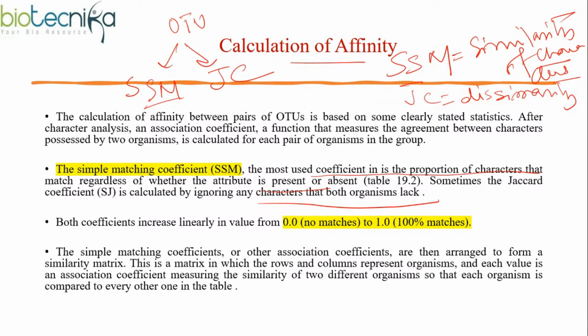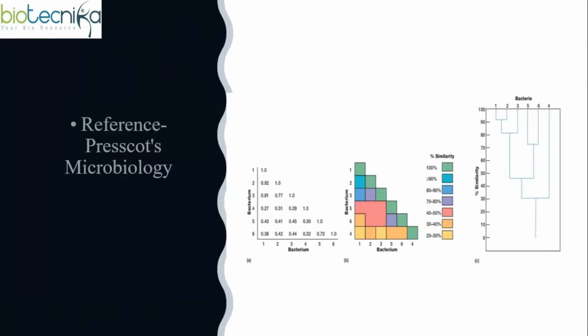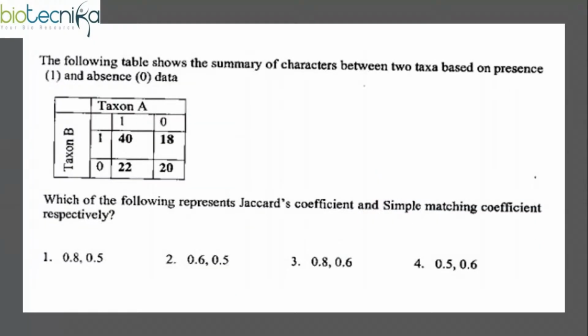Okay, so now I'll show you directly a problem here. The following table shows the summary of characters. You can be getting this type of questions in your CSIR examinations. The following table shows the summary of characters between two taxa based on presence and absence of data.